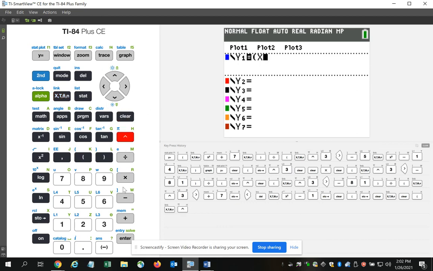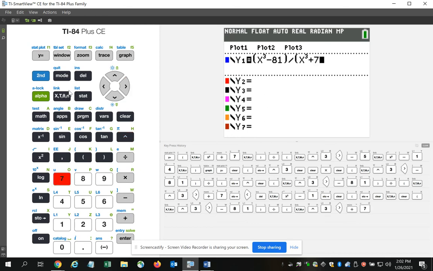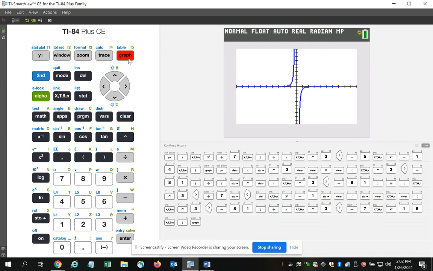So: x raised to the third minus 81, close them, divide, open, x raised to the third plus 7x squared minus 18x. Close them. Finally, sorry about that. Okay, graph. And there you have your picture.